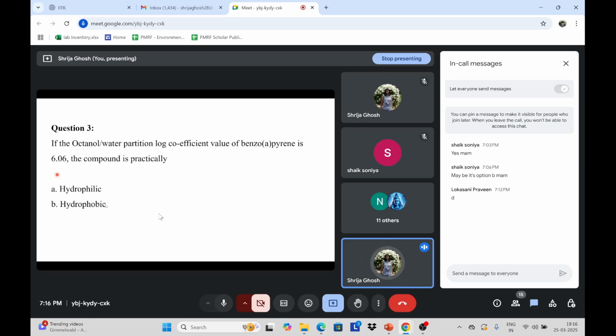This value denotes the concentration of a compound in octanol divided by the concentration of that compound in water. If the logarithm of that coefficient is 6.06, what do you think the compound is, hydrophilic or hydrophobic?